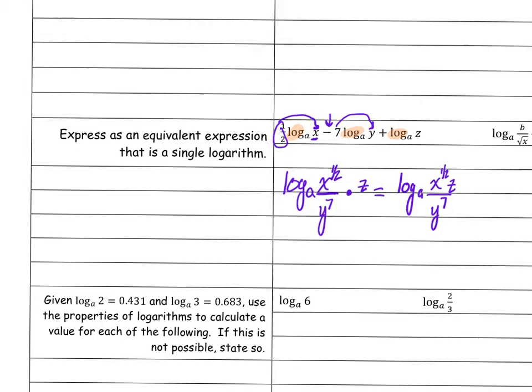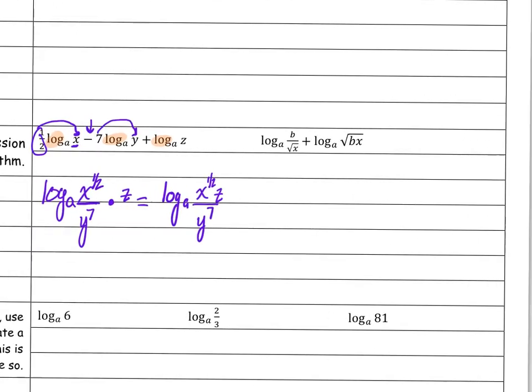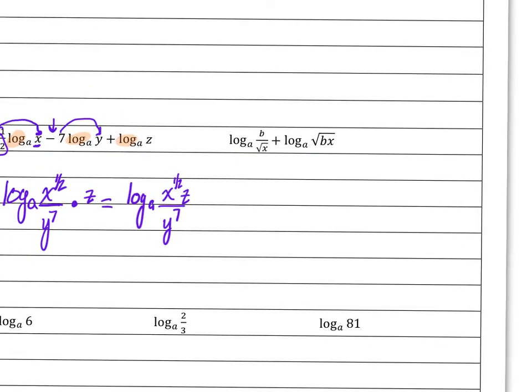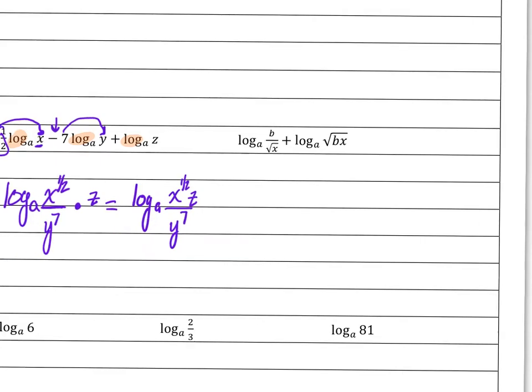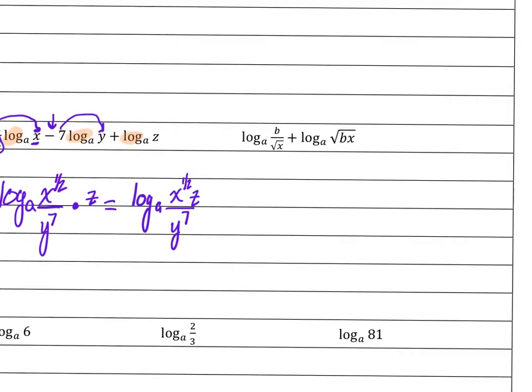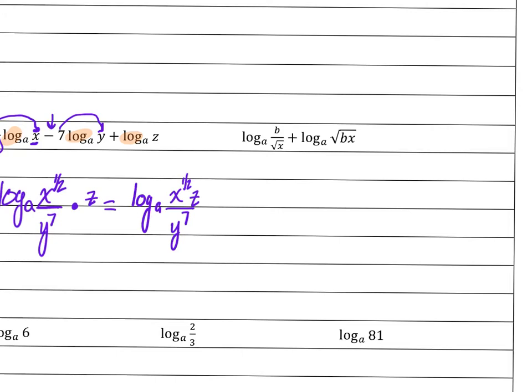Okay, so now we're going to look at the second one. I think the second one's a little complicated, but we're still going to work on it. Okay, so plus means what? Plus means times.